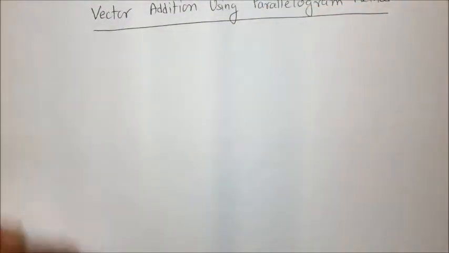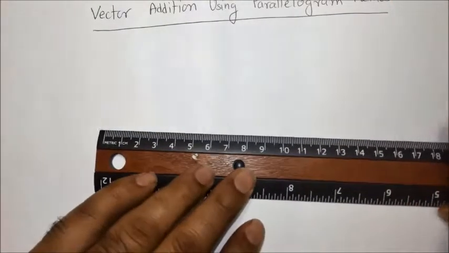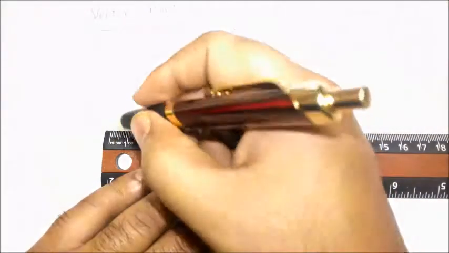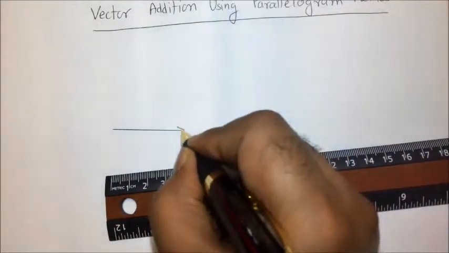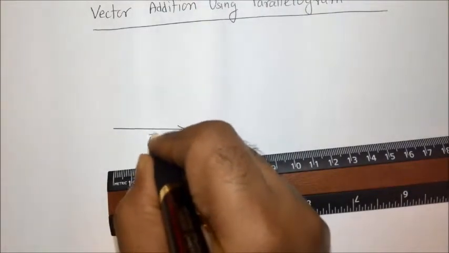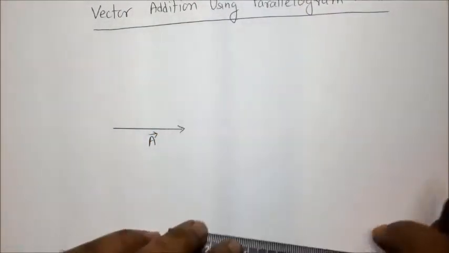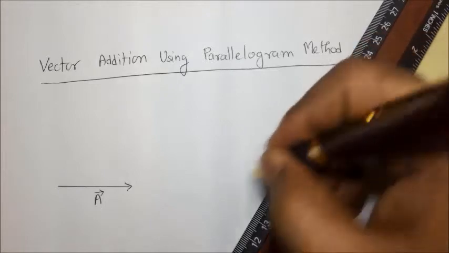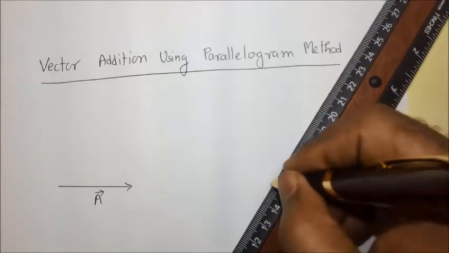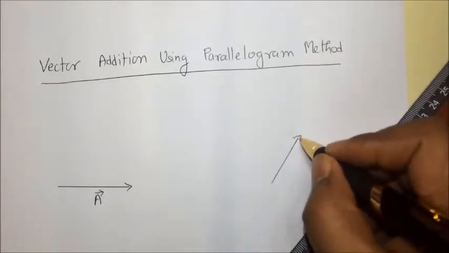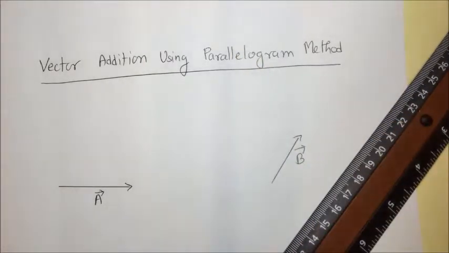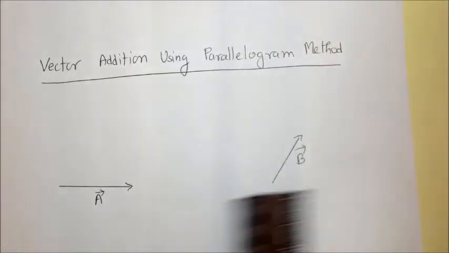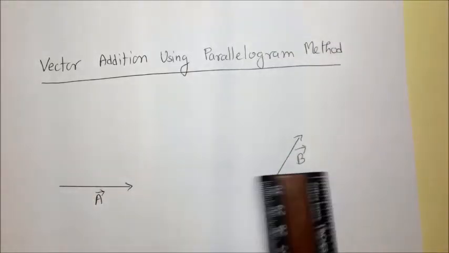Okay, suppose you have two vectors A and B. This is vector A, and you have another vector B somewhere. How to add these two vectors using the parallelogram method? What you have to do is make a parallelogram with the help of these two vectors.